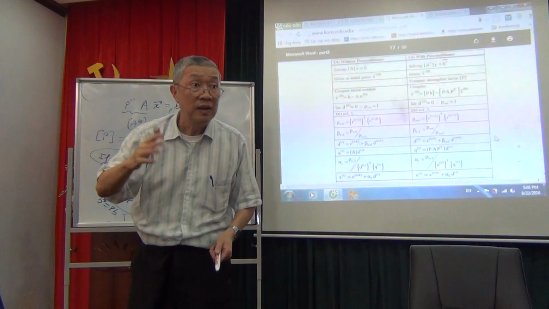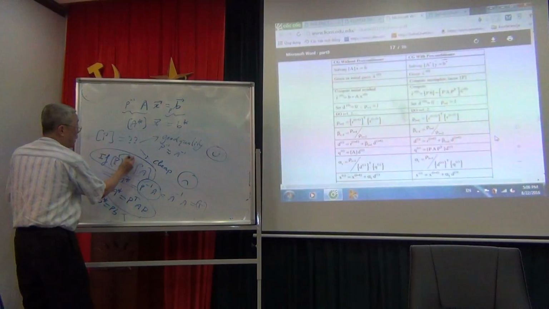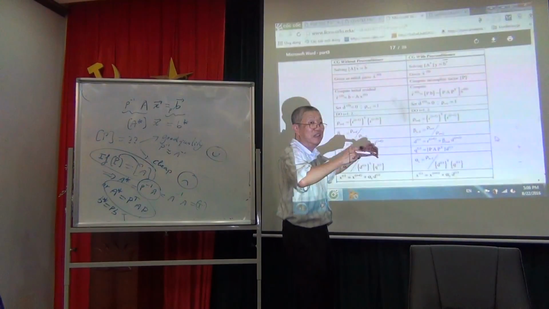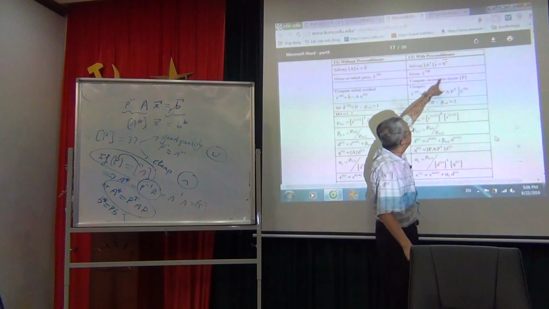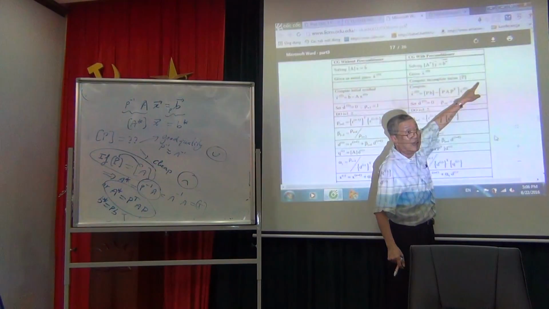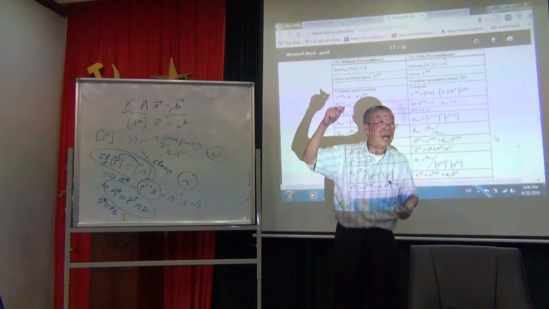Do you understand? Because P equal to A means you already use the Cholesky. You see right here, this B? If you say B equal to A, that means you go back to the Cholesky.